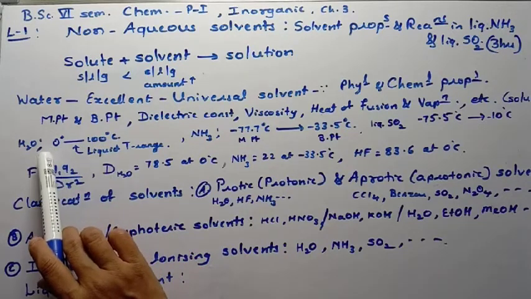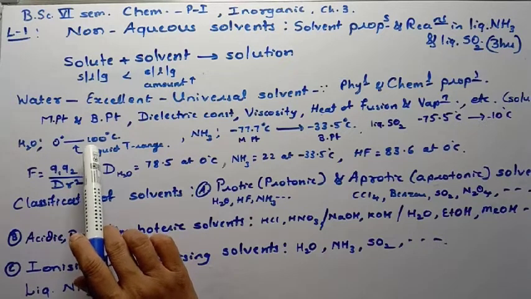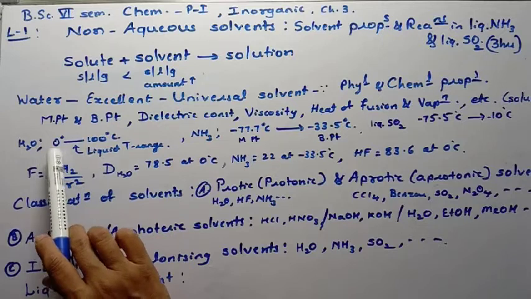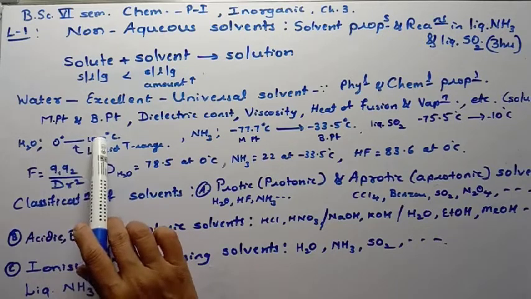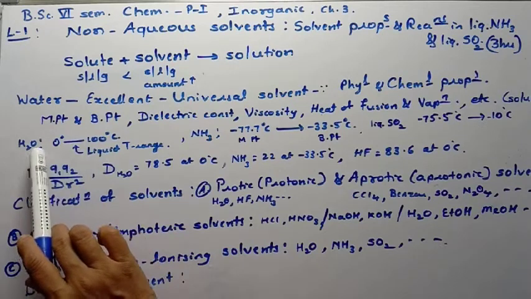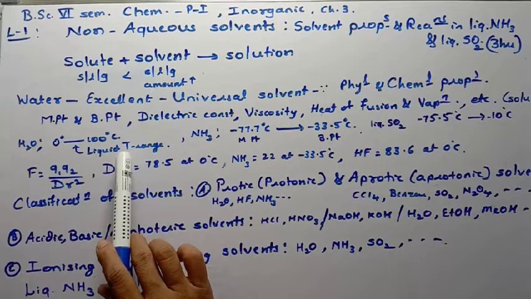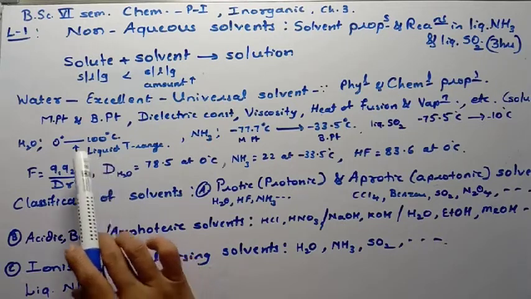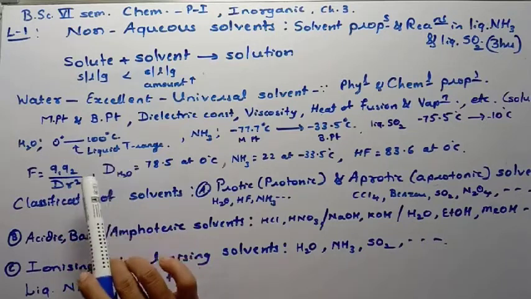Below 0 degrees it is solid, and above 100 degrees it is gaseous. So between 0 and 100, such a long temperature range, it exists in the liquid state. Therefore, this is called the liquid range temperature.